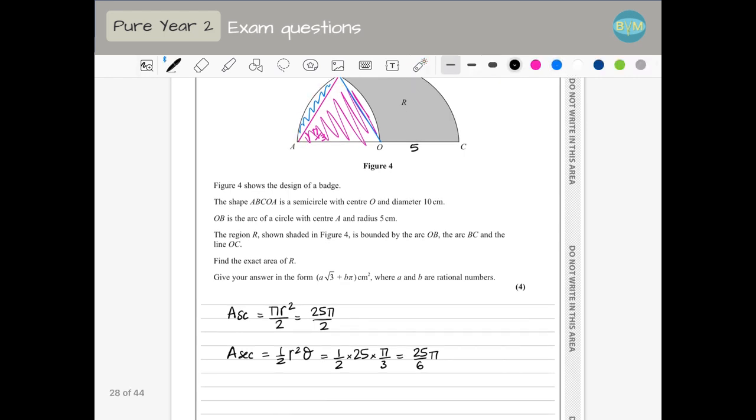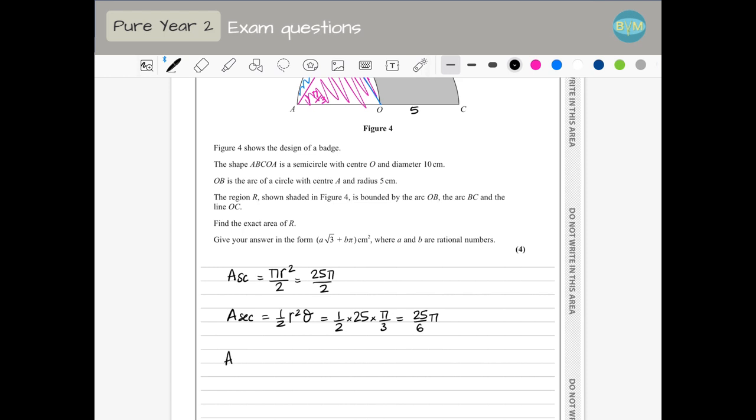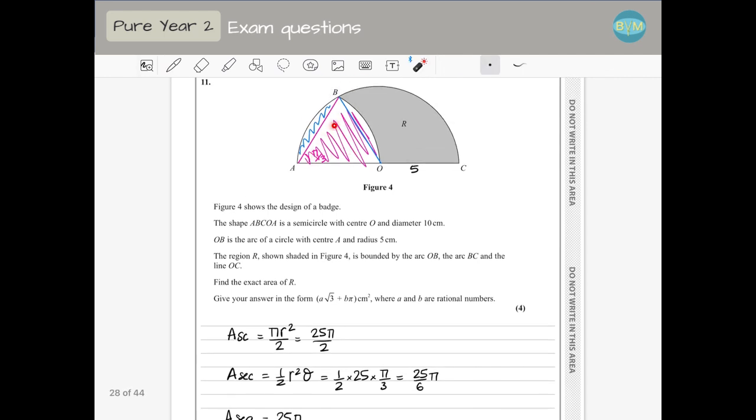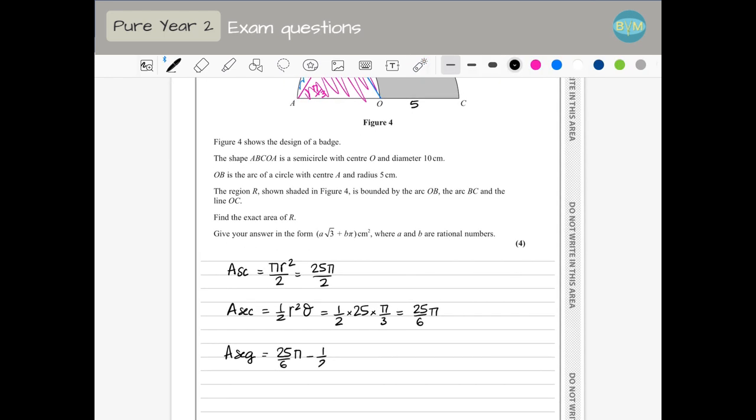So the area of the segment is going to be the area of the sector that we know is 25/6 pi, minus the area of this triangle. And the area of the triangle is 1/2 times 5 times 5 times sine of the angle in between, so sine of pi thirds.